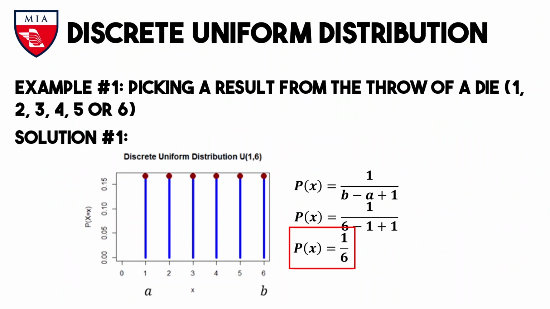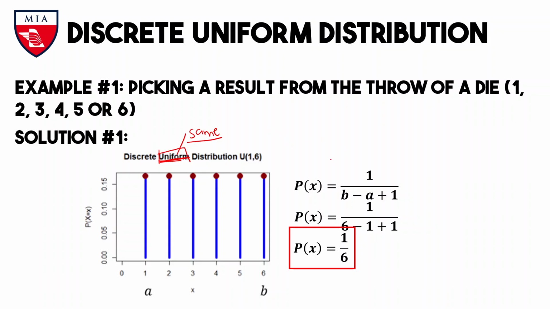Next we have the discrete uniform distribution. Always remember, in terms of discrete uniform distribution, we are talking about the word uniform. If you talk about the word uniform, we are dealing with the word same. So we're dealing with same values.